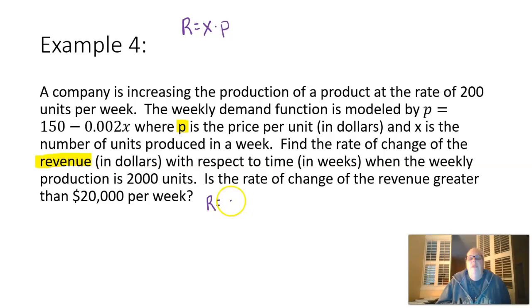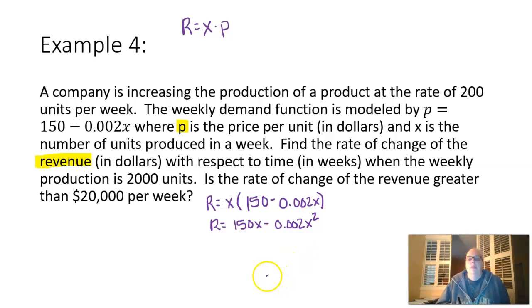Alright, so the revenue function is going to be x times our demand function, 150 minus 0.002x, which means that our revenue function is 150x minus 0.002x squared.